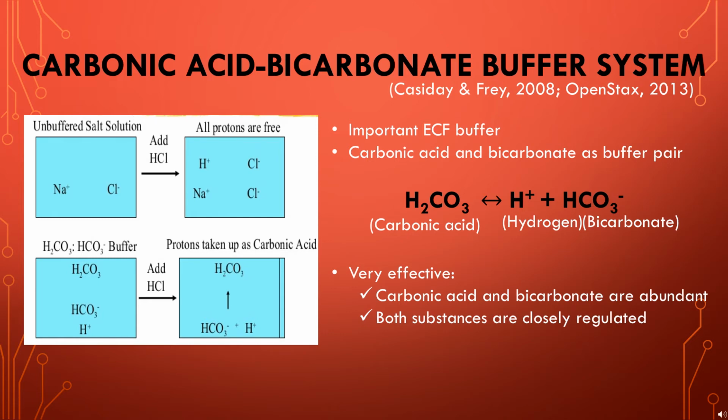The abundance of each of the components of the buffer pair makes this particular system readily available to resist any pH changes. As for regulation, bicarbonate is regulated by the kidneys, whereas carbon dioxide is regulated by the respiratory system. The carbon dioxide generates carbonic acid.